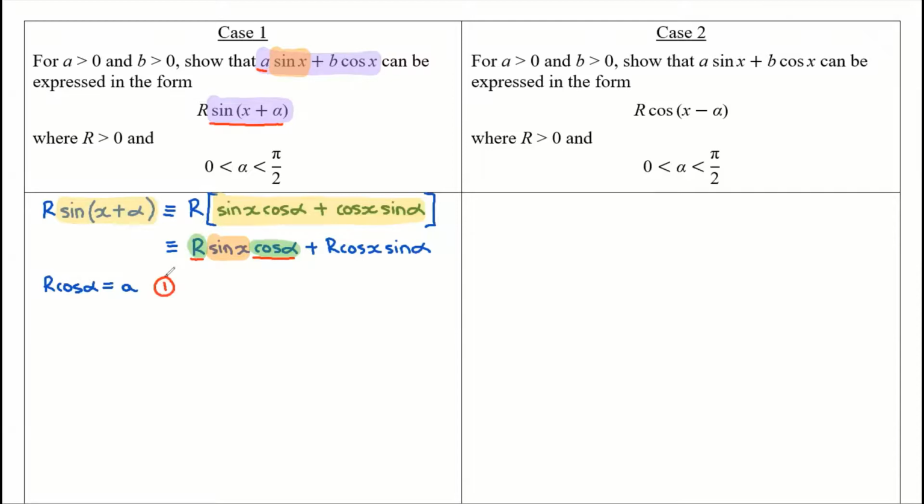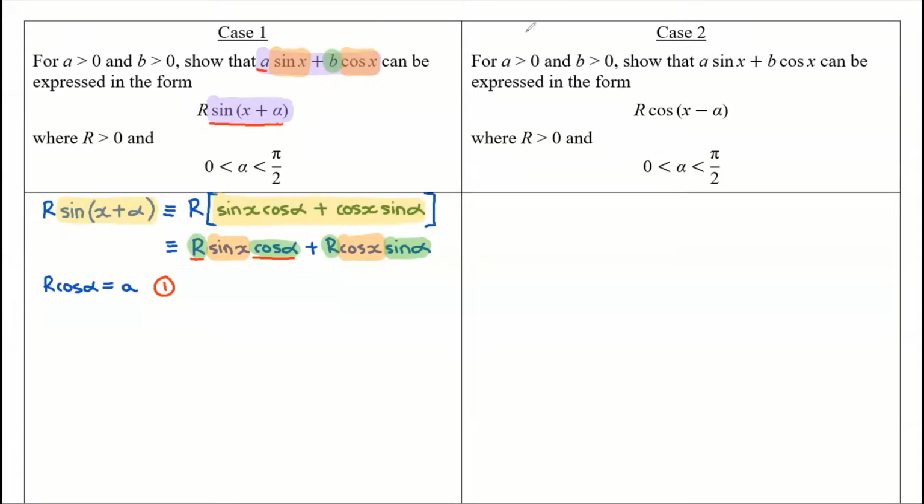And we can use the same reasoning in the second term of this expression. If we look at the second term, we've got the cos alpha present in both expressions. So that means that the r and the sine alpha must be doing the same job as the b up here.